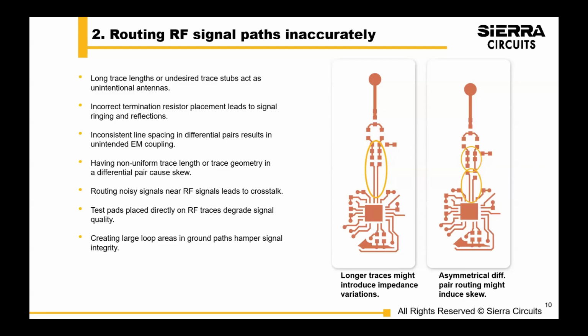And then unequal length or shape can cause phase and delay mismatch. You don't want to route noisy signals near the RF traces where you can induce crosstalk. Although test pads are fantastic, be careful where you place them. And then, you want to avoid large loop areas and signal or ground paths, which might increase your EMI.